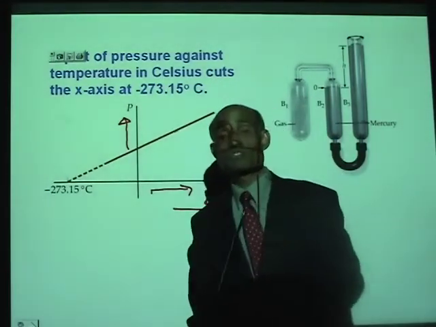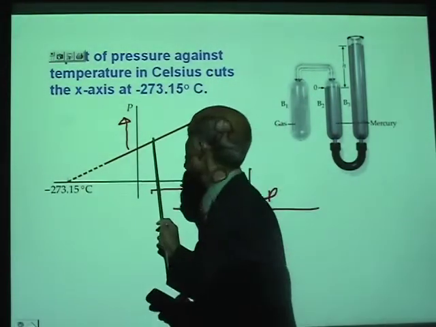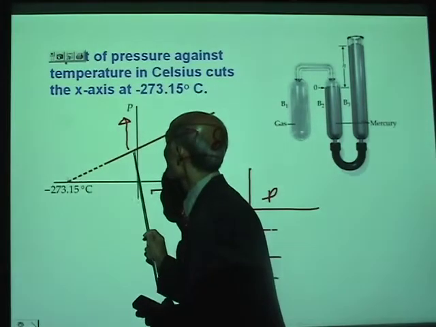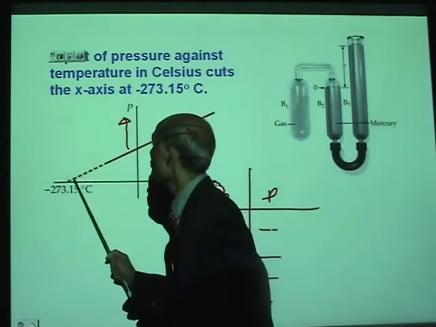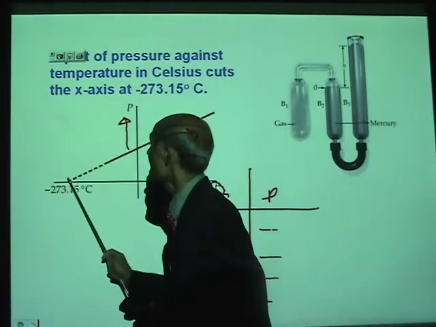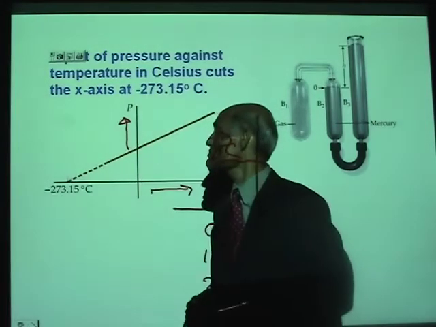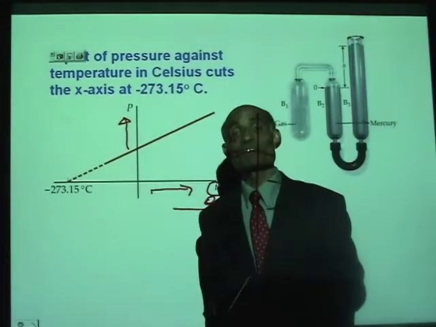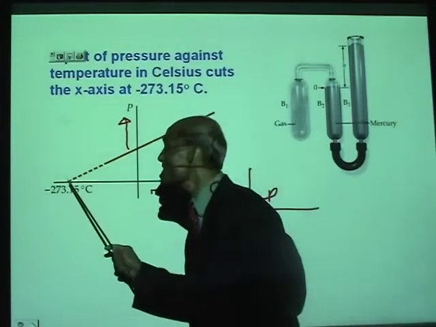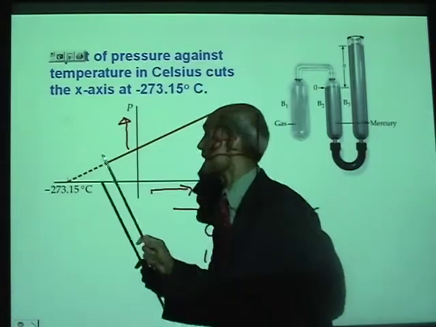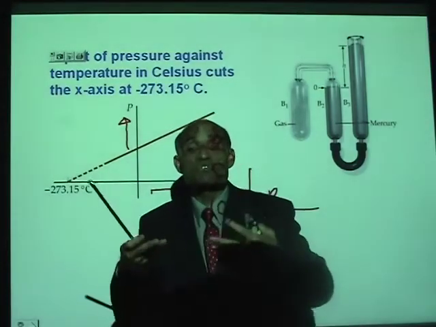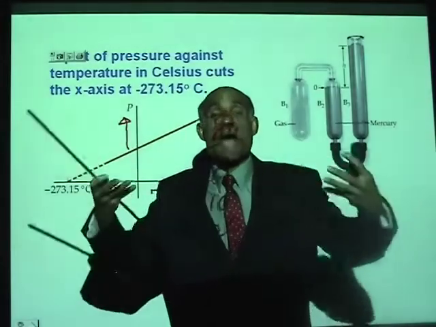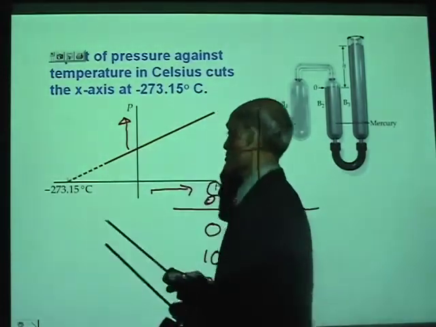And the most interesting characteristic of that is, if you extrapolate that graph and allow it to meet the temperature axis, it will meet the temperature axis at negative 273.15 degrees Celsius, which is 0 Kelvin. And that is the temperature at which a gas ceases to have any pressure. That is absolute zero of temperature.